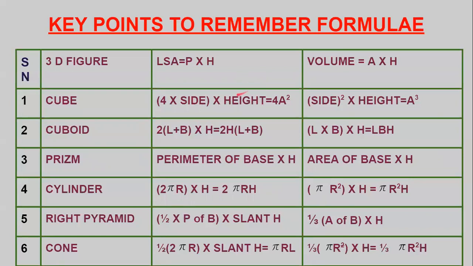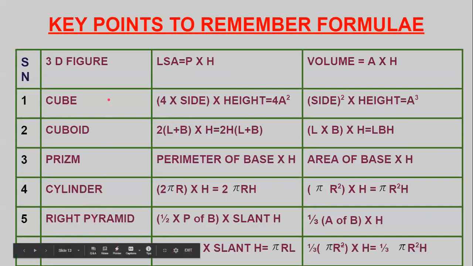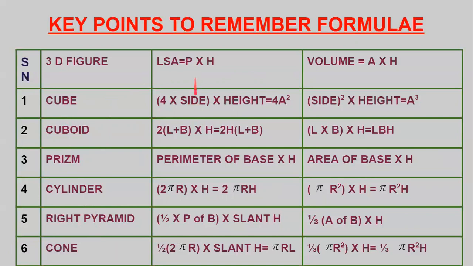And this is a consolidation table I have given for each and every model. Here I have mentioned 6 solid figures, 3D figures, and the LSA formula is common for all of them. LSA will be the perimeter of the base into height, and the volume will be the area of the base into height. This common trick we have to use.